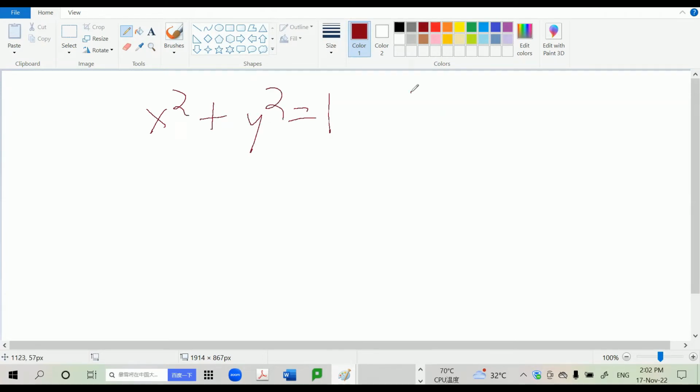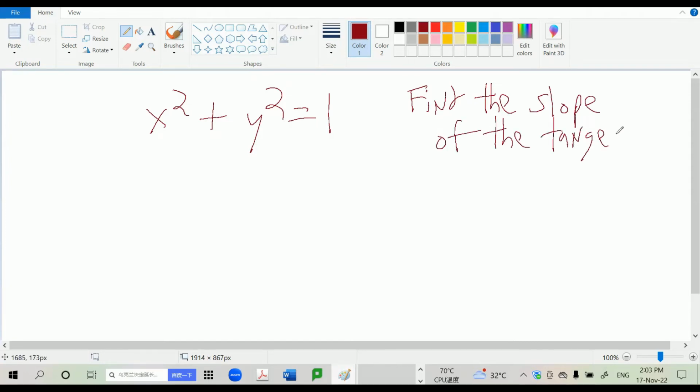This time I ask you to find the slope of the tangent line to this equation. That's all you need to do, find the slope.